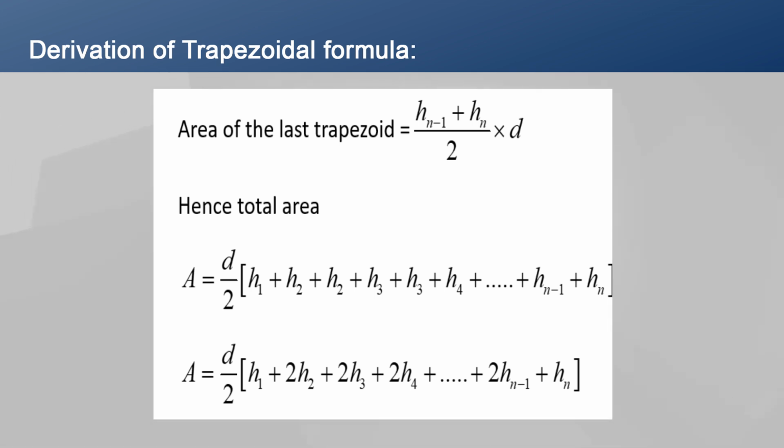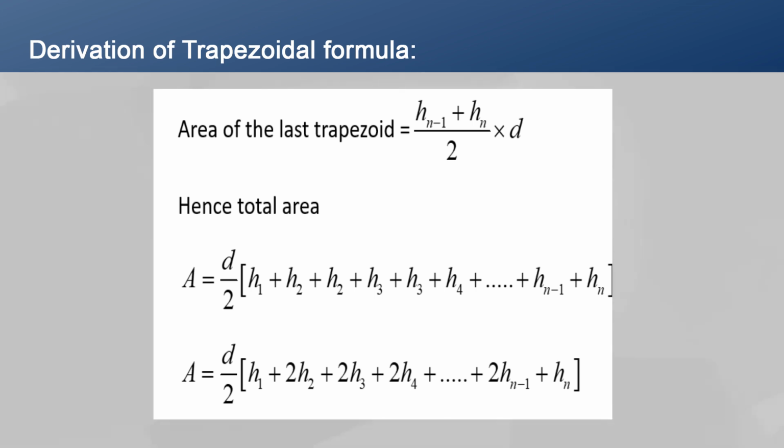So, you can see the total area will be the summation of all the small trapezoidal areas. So, we can do the summation. We will get area is equal to d by 2 in the bracket h1 plus h2 plus h2 plus h3 plus h3 plus h4 plus up to hn minus 1 plus hn.